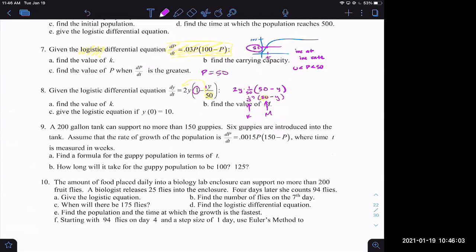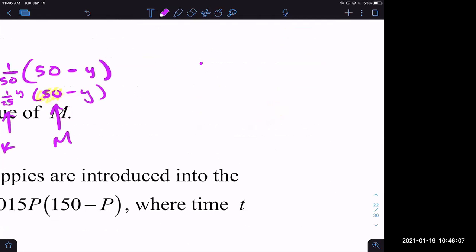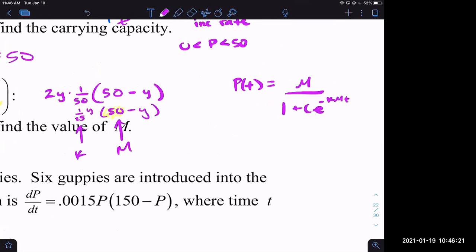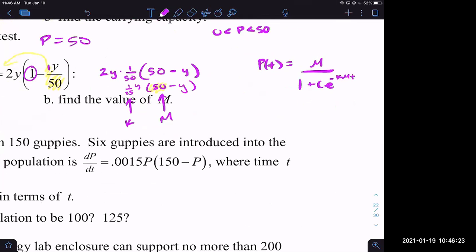You won't have to do these on your test or the AP test. This is going from the y-prime equation. On the other page, they have it in your book written as the population as a function of time. We can just write Y. The formula is M divided by 1 plus C, and then e to the negative KM times t. Okay, you're not going to have to memorize that on your test, but you're just going to use this formula.